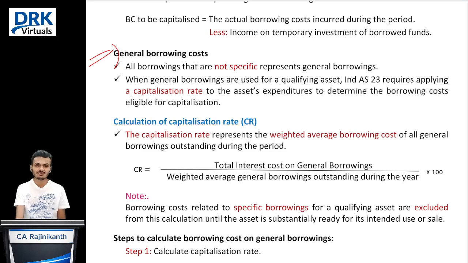If borrowing is not a specific borrowing, it is a general borrowing. For suppose we are having 12% debentures, 10% working capital loan, 8% term loan. We cannot map these loans one to one to the qualifying assets. They are general borrowings. So how to calculate the borrowing cost in this case and what amount should be capitalized? That is our next discussion.